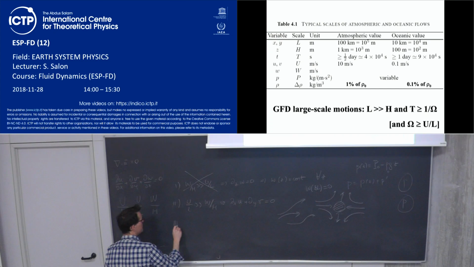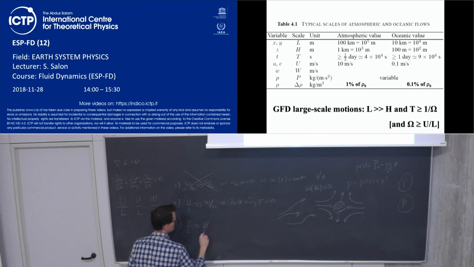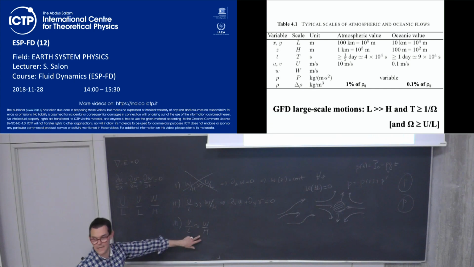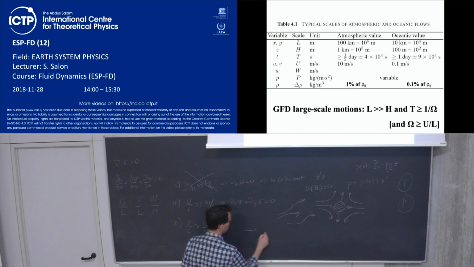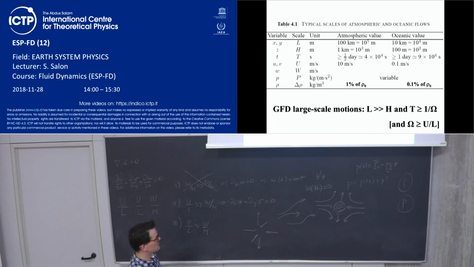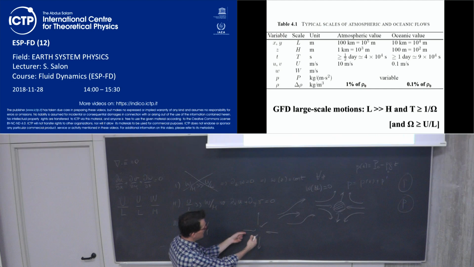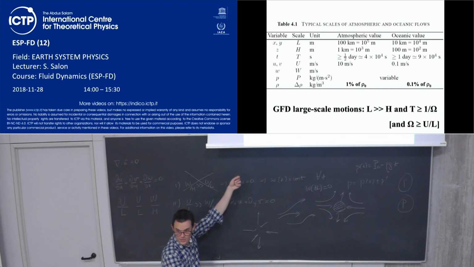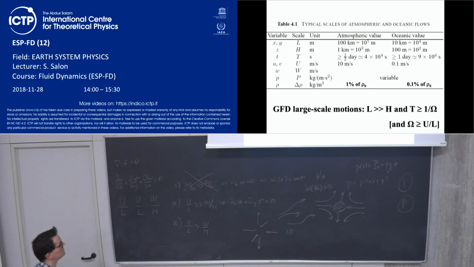We can also have the third case, that U over L is of the same order of W over H, which is okay. We can have exactly the same thing, for example, this one. So we have on the horizontal plane convergence, and on the vertical plane divergence. This is completely correct. It's a case of 3D divergence or convergence.